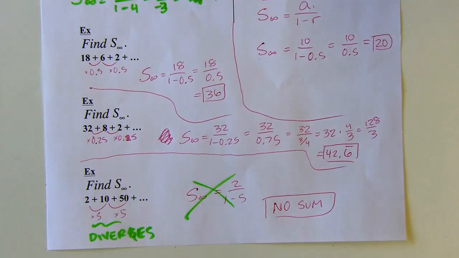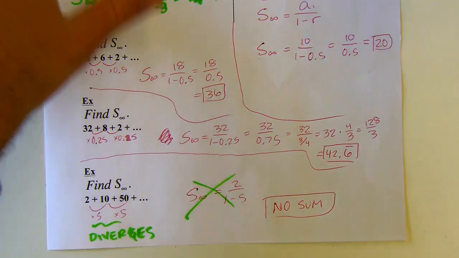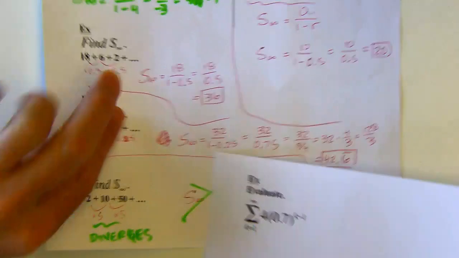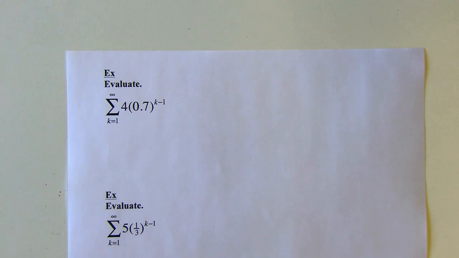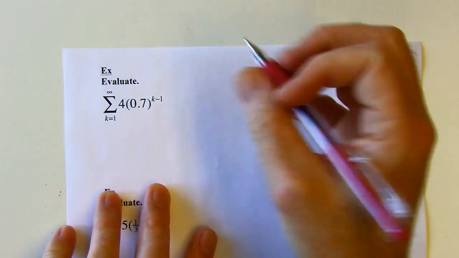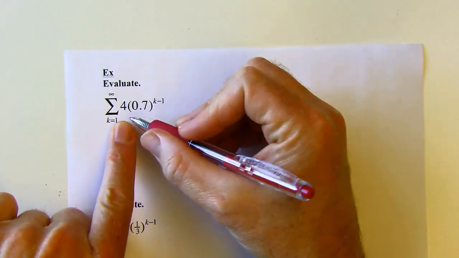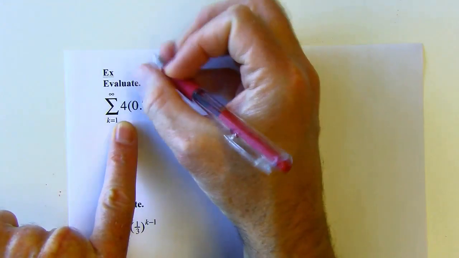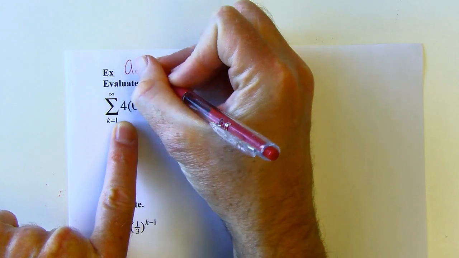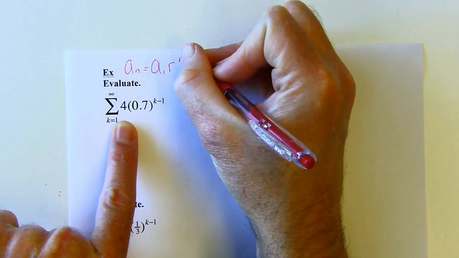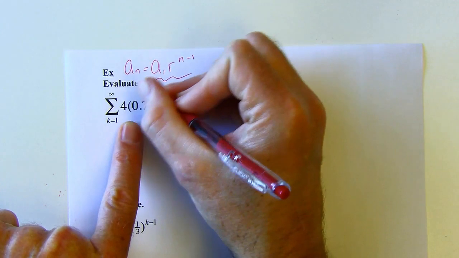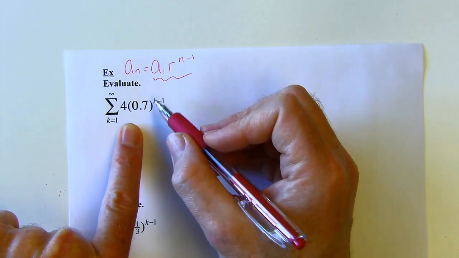Okay, on to the next page. We're going to try a couple more examples. On the next page, we've got sigma notation. But if you know what you're looking for here, if you think about the specific term formula for geometric, my term builder portion is in that format, right?